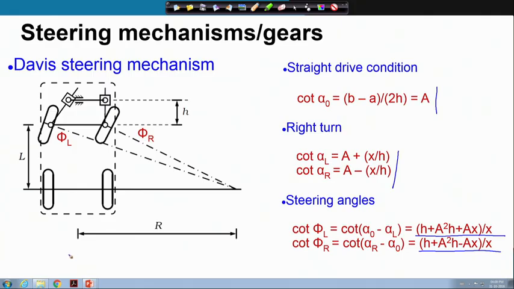Now, let us look at this expression of cotangent of phi L minus cotangent of phi R. If you look at the right hand side now, you will get equal to 2a. Other terms cancel off, and remember what is a? It is obtained here. Therefore, this must be equal to b minus a by h.